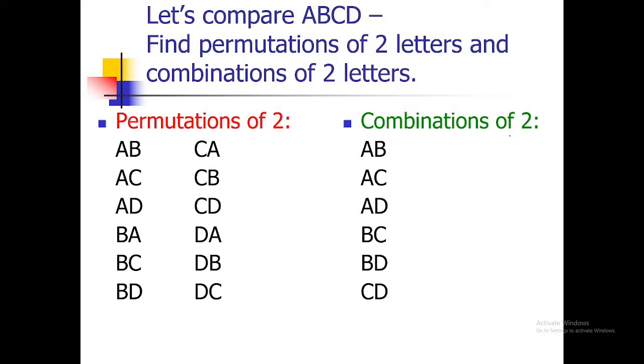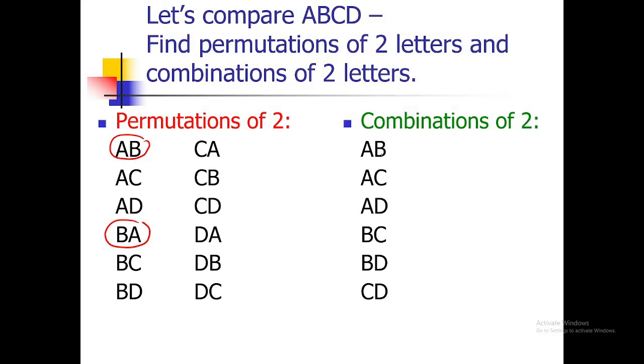What have you noticed here, Section Galileo? What have you noticed between the list of permutations and combinations? Look at the permutation, Section Galileo. AB is different from BA. They mean different things.